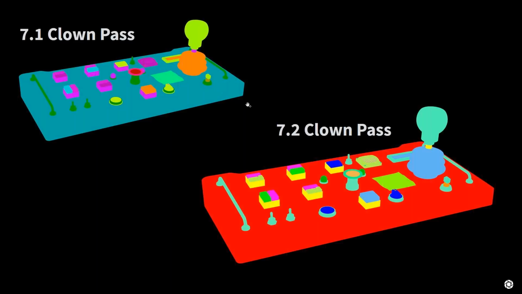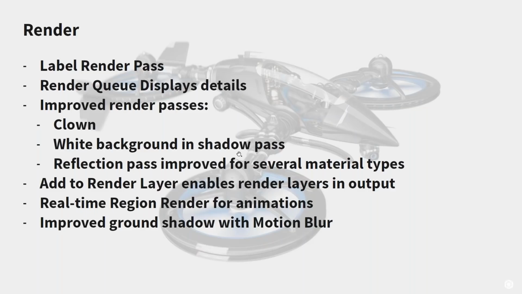So our Clown Pass is going to have a higher likelihood of having a greater contrast between the colors that are applied. So as you have more and more materials throughout your scene, you are less likely to get colors that are close to one another. So this will definitely help improve the Clown Passes for your compositing or your Photoshop or post-production edits.